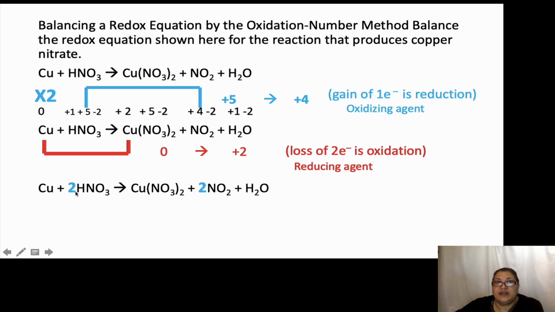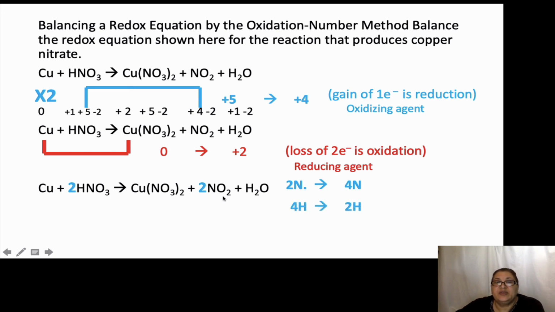So here's my nitrogen times 2, and the electrons cancel out. But then we take a look here, and on this side you have 2 nitrogen, but on this side you have 2 in the parentheses, so 2 plus 2 is 4.